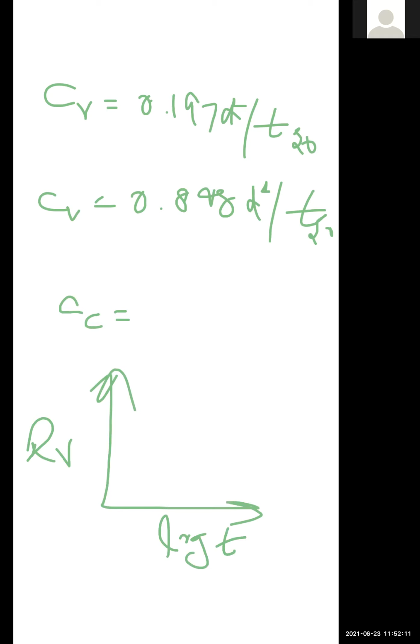So the initial compression curve would be a straight line, and the slope of this line would give the compression index Cc. So this graph should be like that.